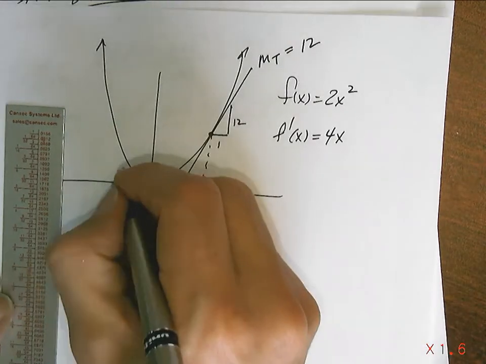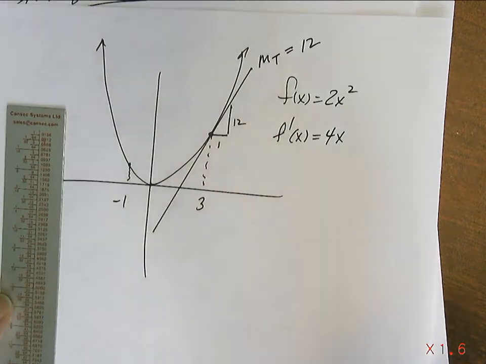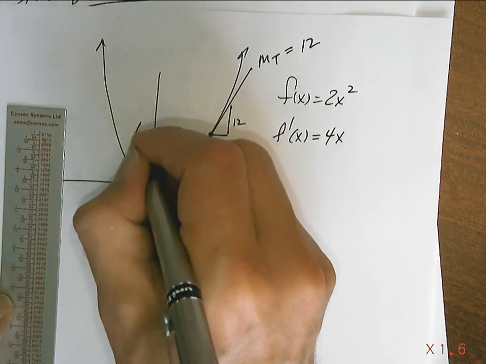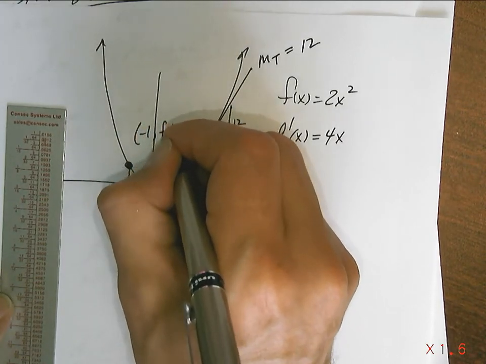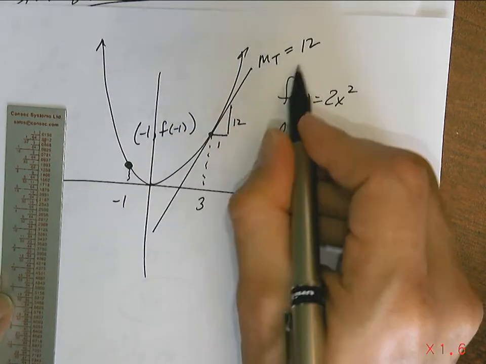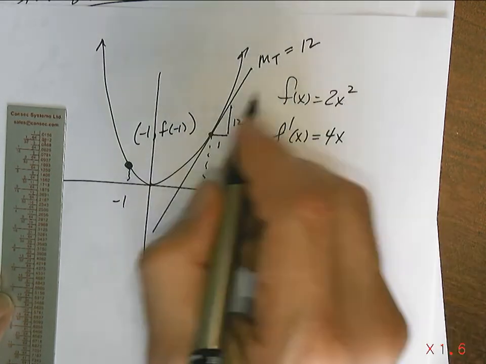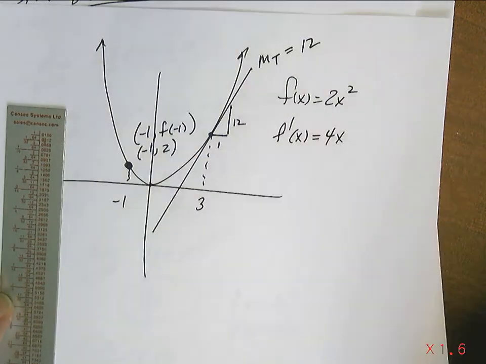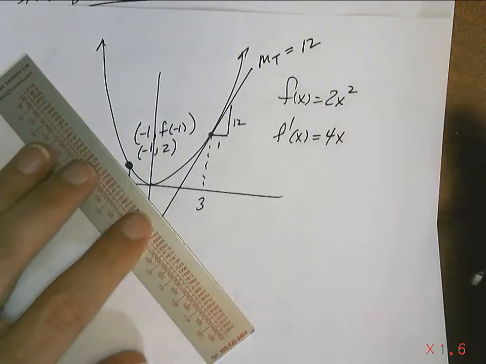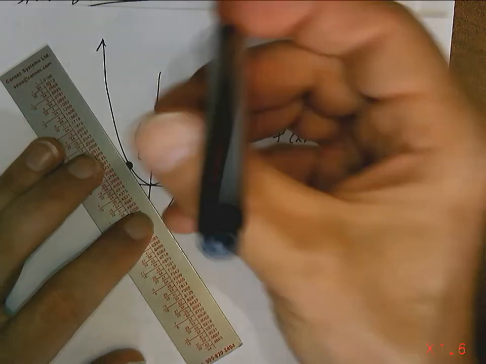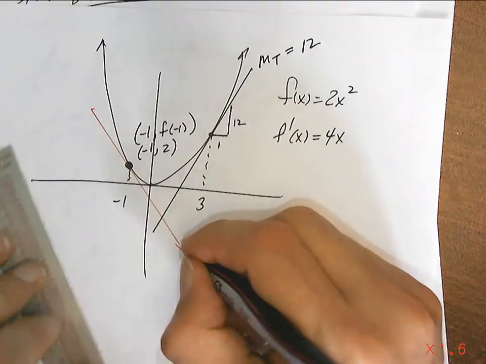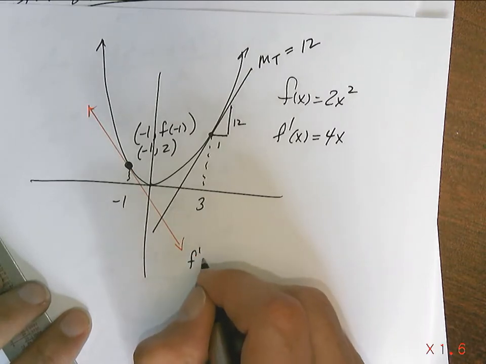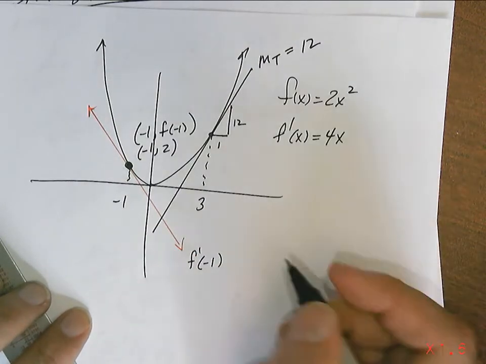Now if I pick another one over here, negative 1, at this point. Now this point is actually negative 1 comma f of negative 1. F of x is actually 2x squared. So this is actually negative 1 comma 2. The slope of the tangent, however, at that point, is going to be f prime of negative 1.